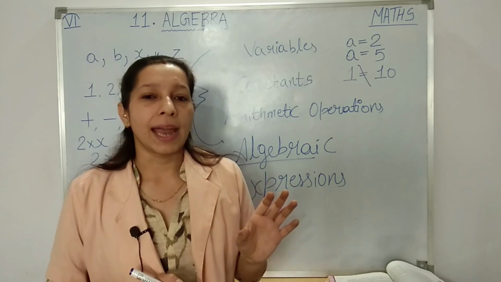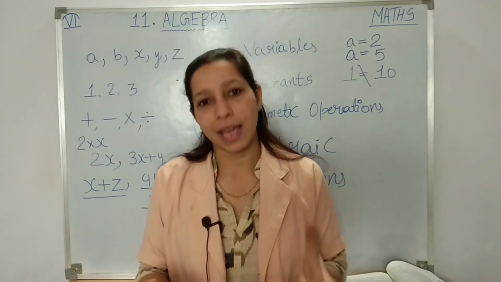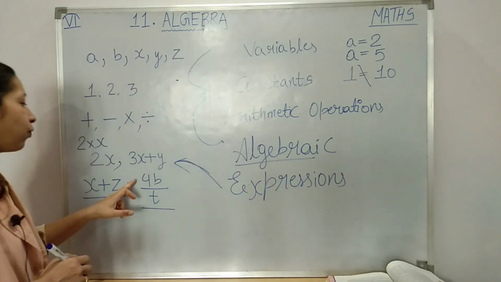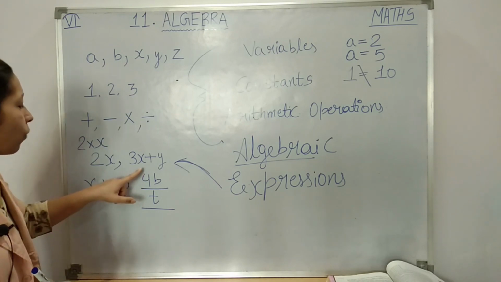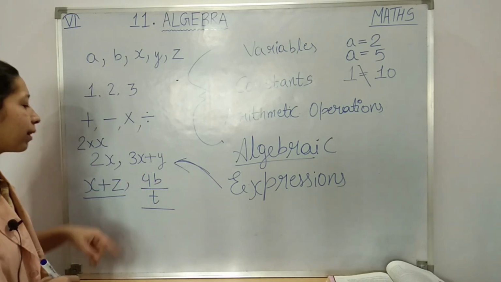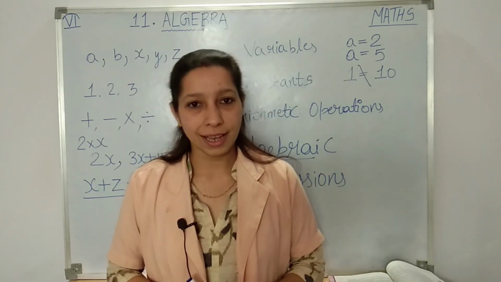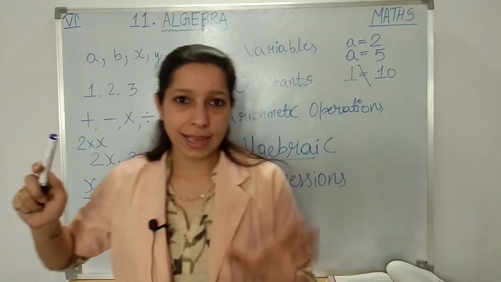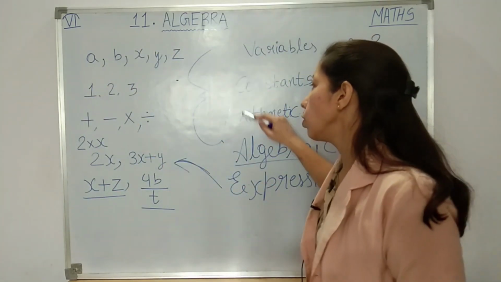When we write a constant, variable and mathematical operation together, it forms an expression. As here you can see 4 is a constant, b and t are variables and they are in division. So variables and constants along with mathematical operations form expressions or algebraic expressions. Clear, students? So for exercise 11.1, these three things are most important.